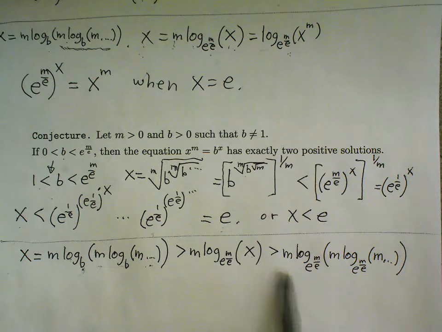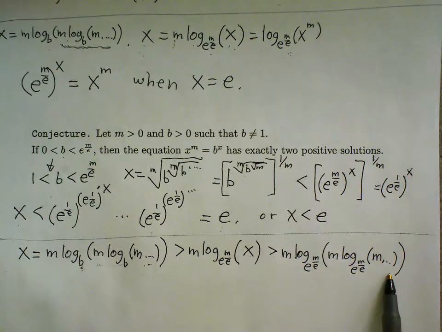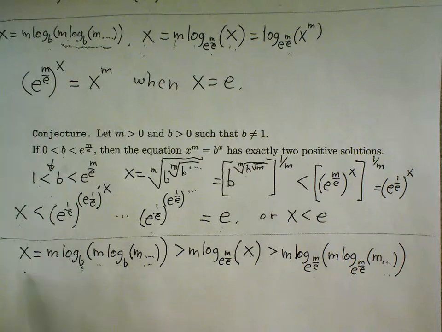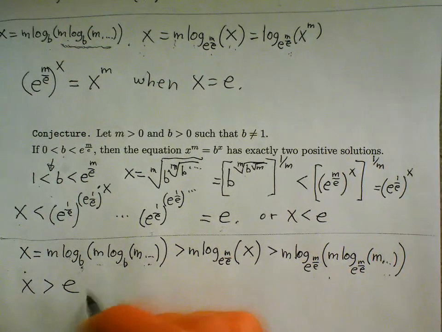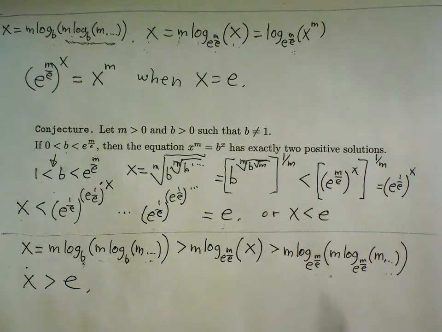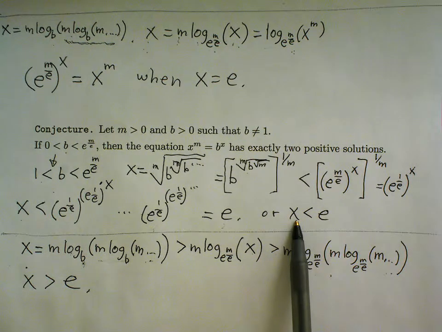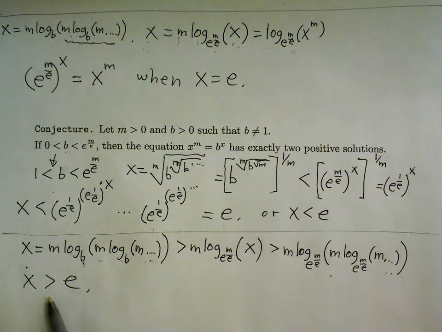But we saw earlier that this logarithm is equal to e. So this time x is greater than e. The other solution, x is less than e, and the second solution, x is greater than e.